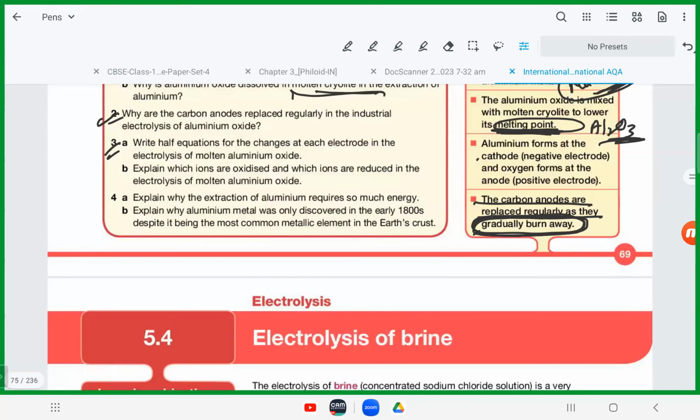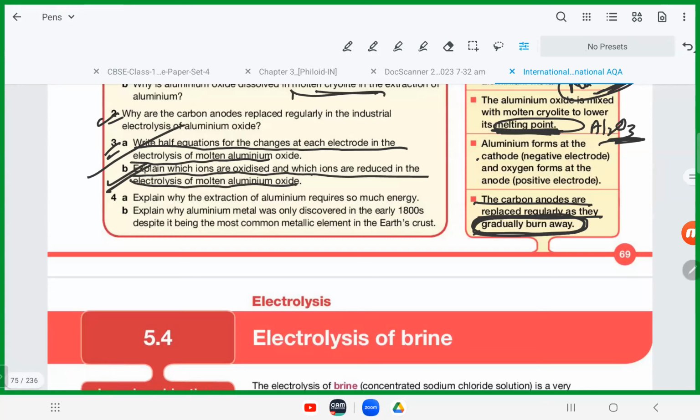Write half equations for the changes at each electrode in the electrolysis. That is over. Question B: explain which ion is oxidized and which ion is reduced in the electrolysis of molten aluminum oxide. Can you tell me, aluminum ion and oxide ion, which is oxidizing and which is reducing?